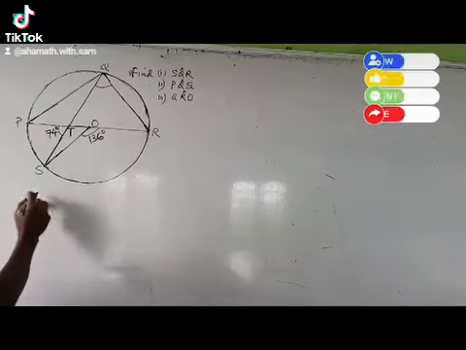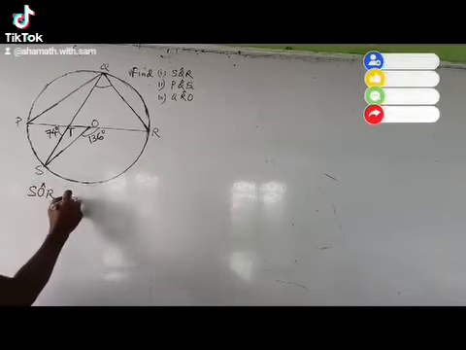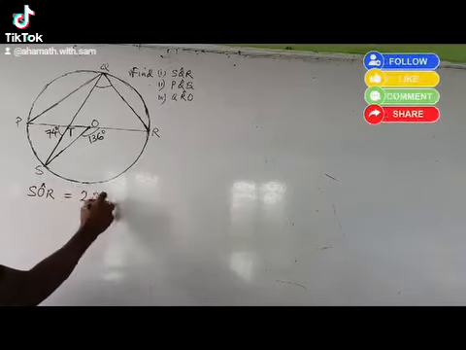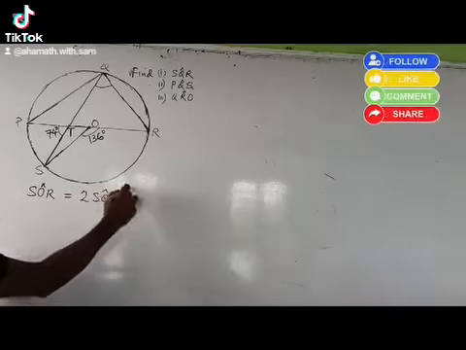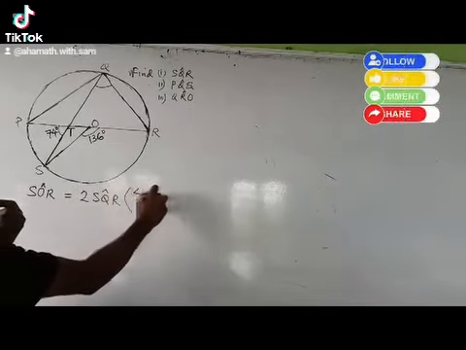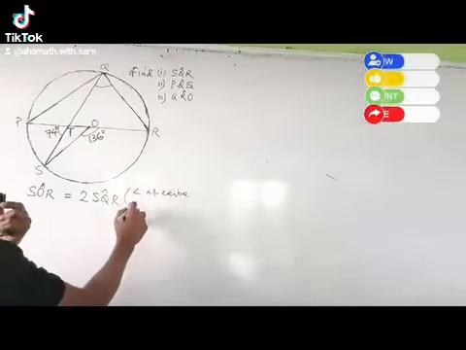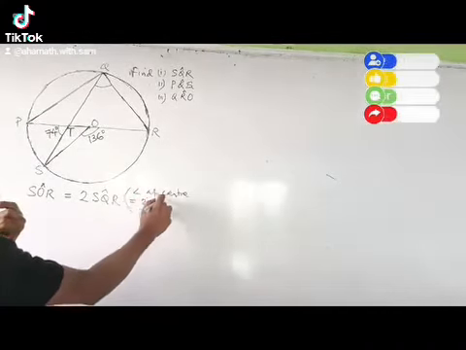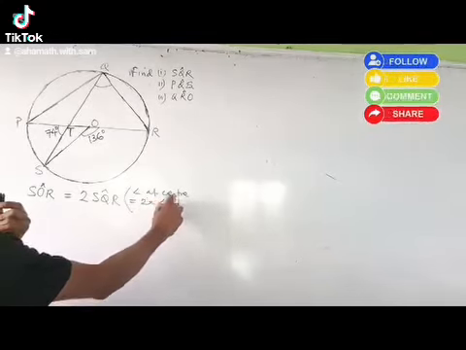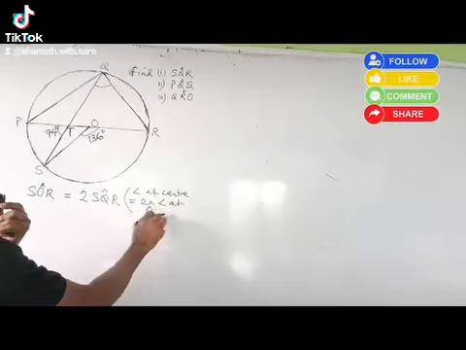So that will make it that SOR is equal to 2 times SQR, and our reason is angle at center is equal to 2 times angle at circumference.